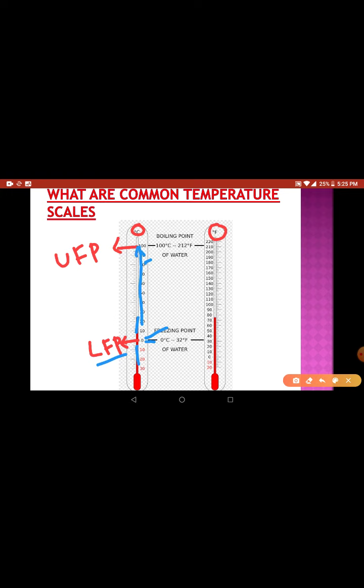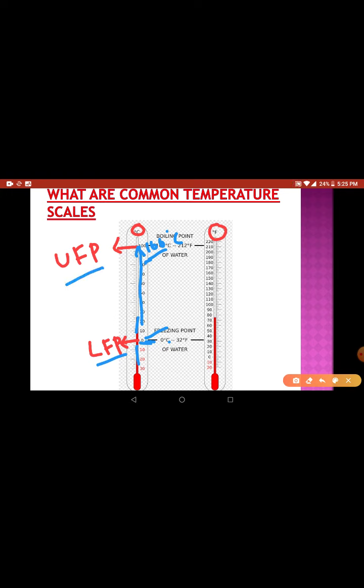That indicates the boiling point of water, and that we indicate as 100 degrees Celsius. So we have earlier 0 degrees Celsius, now we have 100 degrees Celsius. This 100 degrees Celsius is called the upper fixed point.